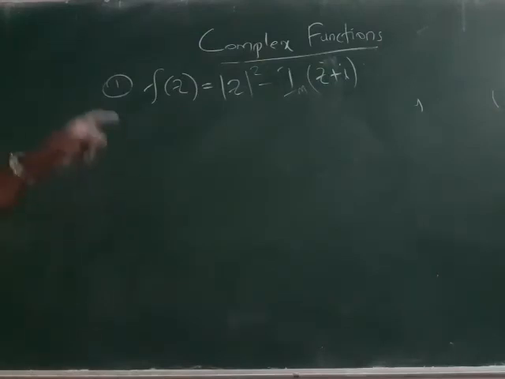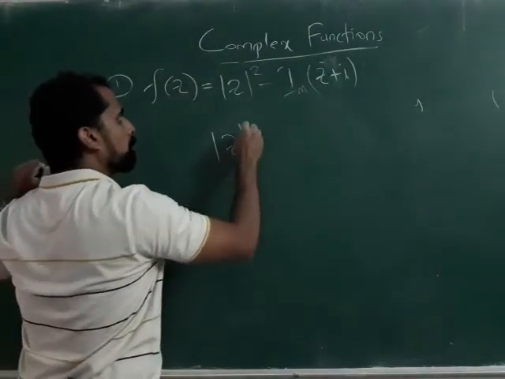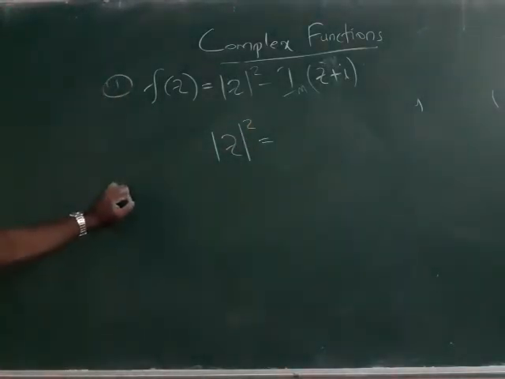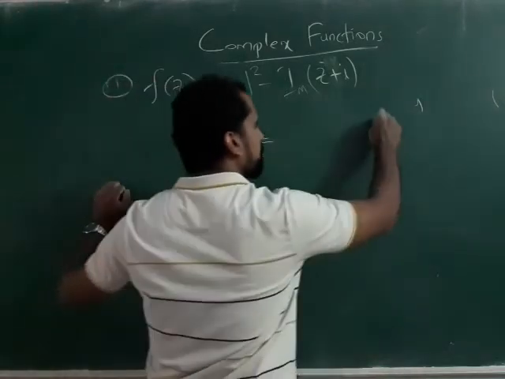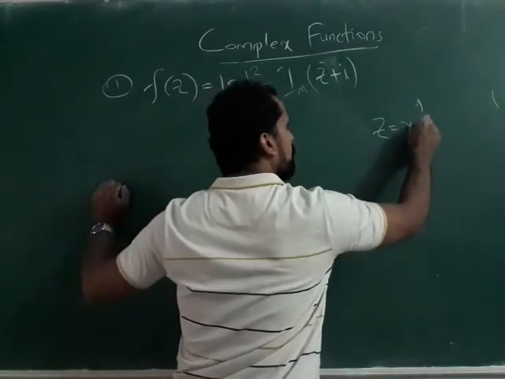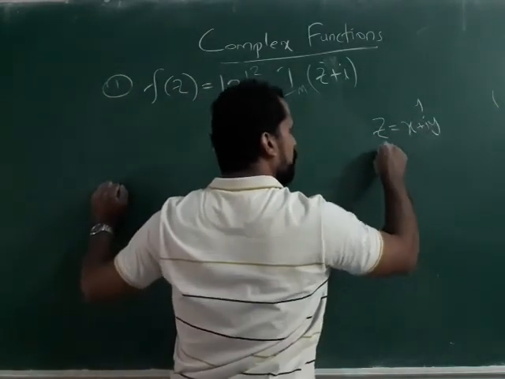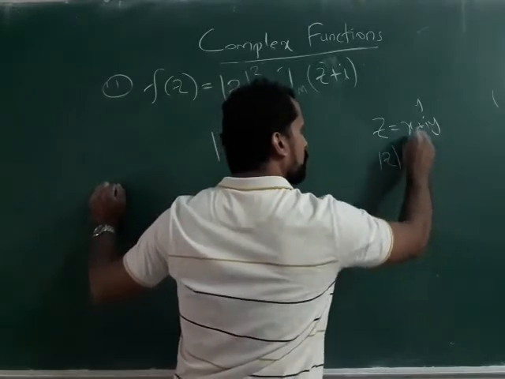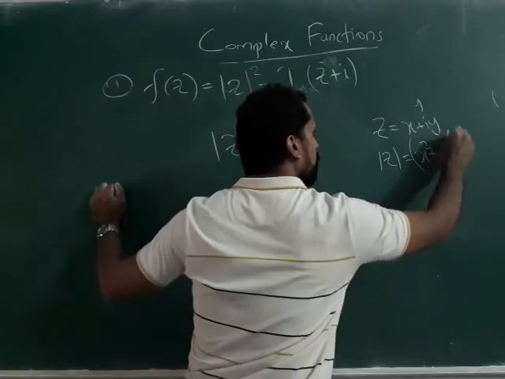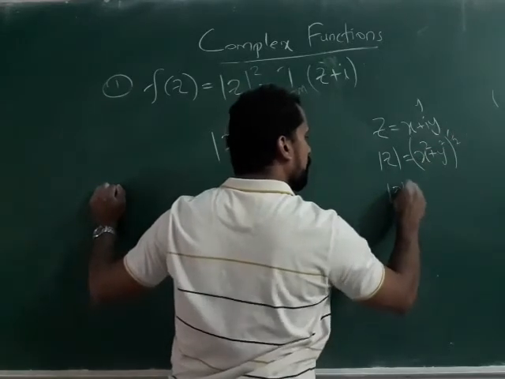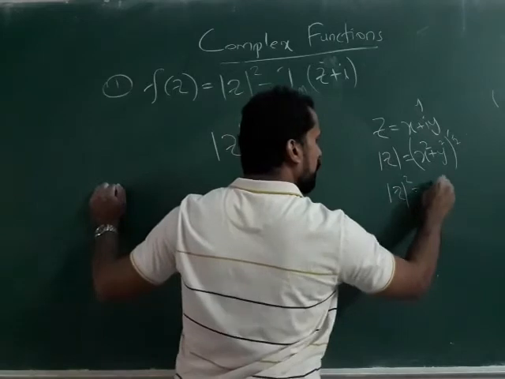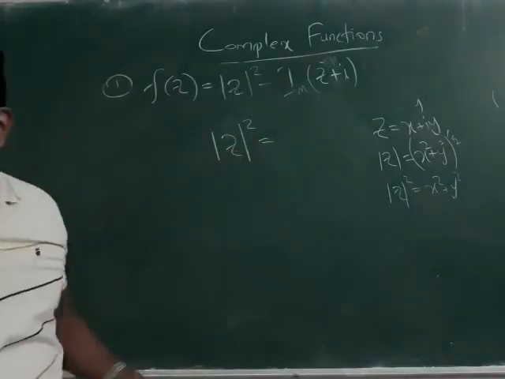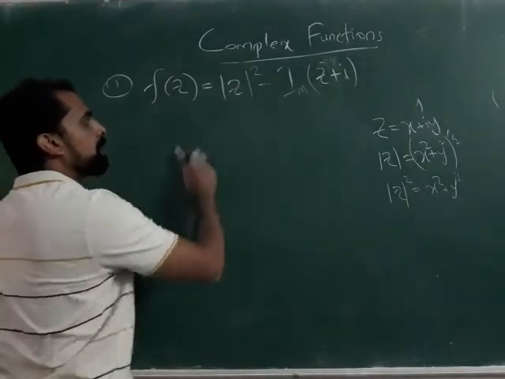What is mod z? I already told you z is equal to x plus iy. So mod z is equal to x square plus y square all raised to half. So mod z square is nothing but x square plus y square. Is it? Now the imaginary part of z plus i.